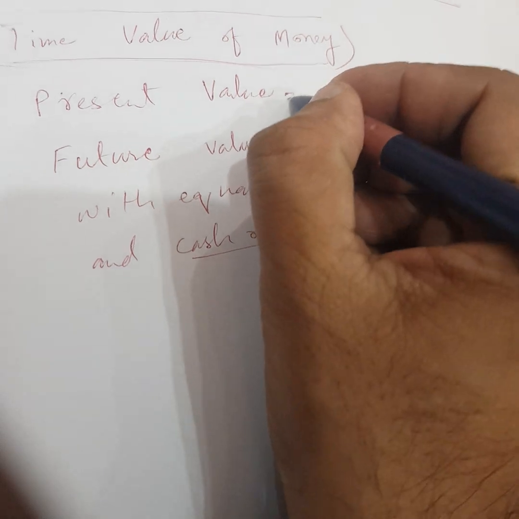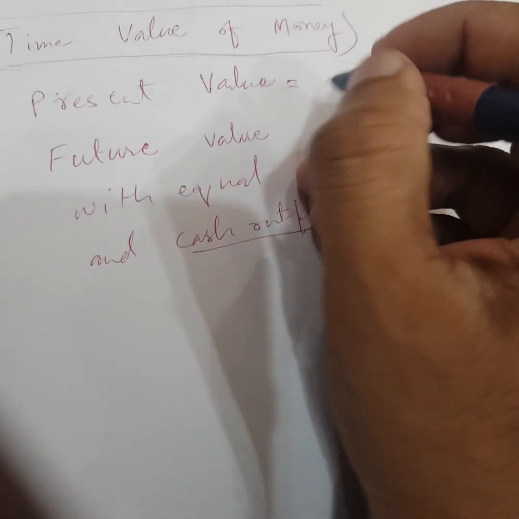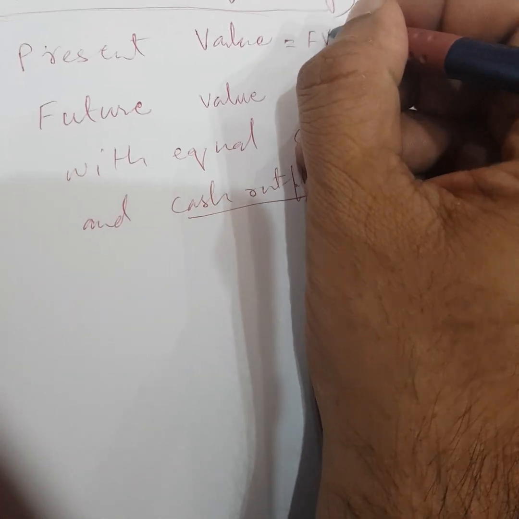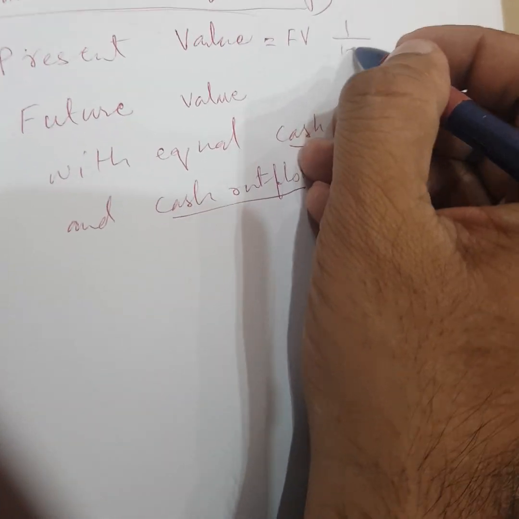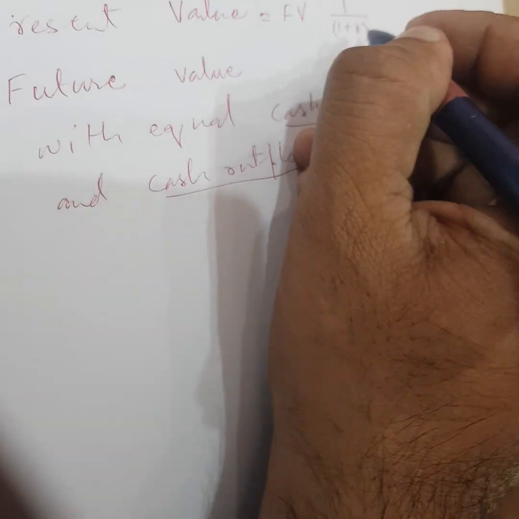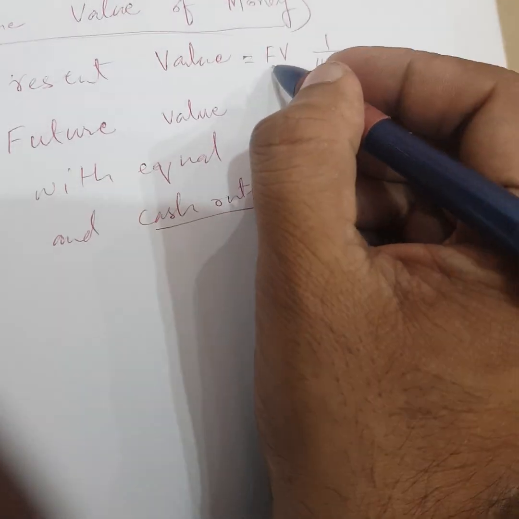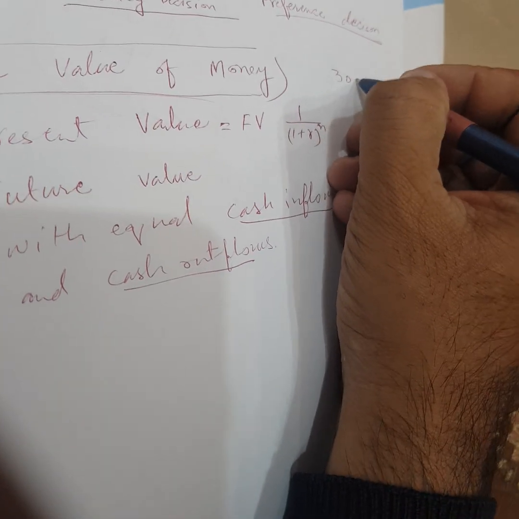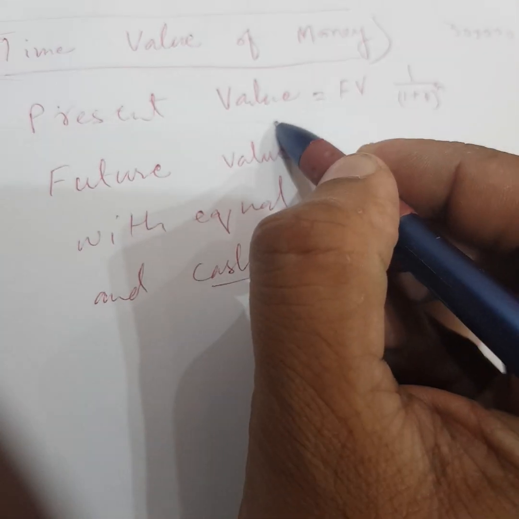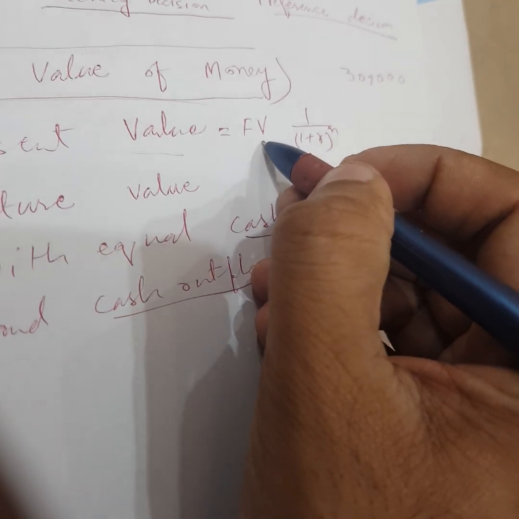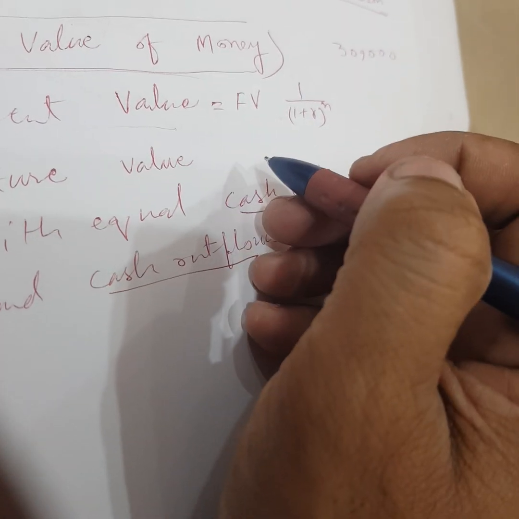First of all, what will be the formula of present value? Say we want to get 30,000 rupees in future. How much investment should be made today so that we will be able to get a 30,000 future value?